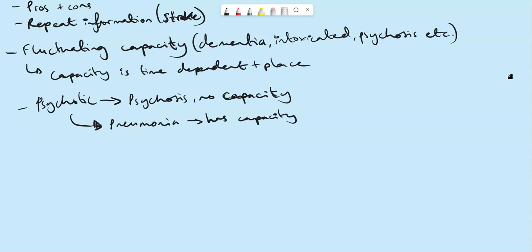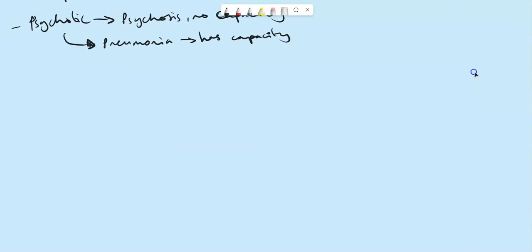Okay, so this is what I mean when I say capacity can be quite nuanced, because you can have one patient who's completely unable to consent for one thing, but they have no problem giving consent for something else.